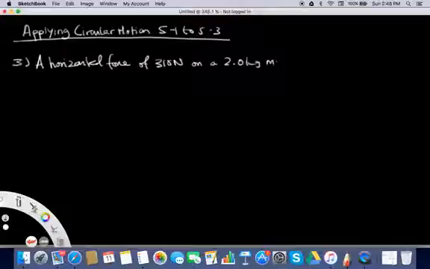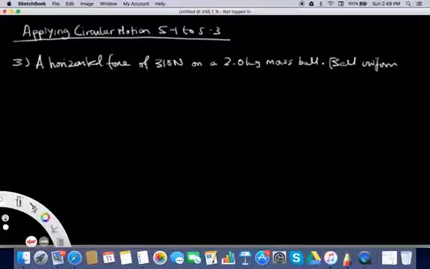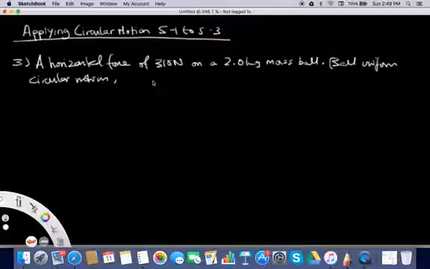And this ball is rotating uniformly, so the ball is in uniform circular motion, and this circular motion has a radius of 0.90 meters.